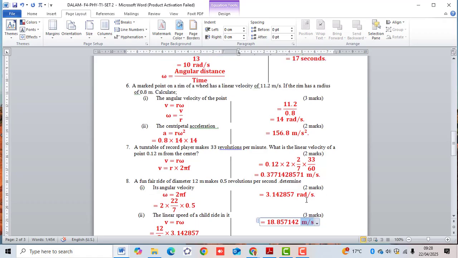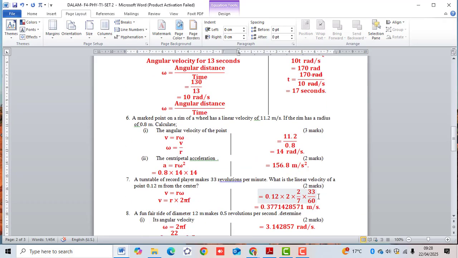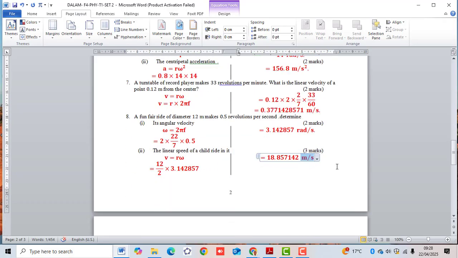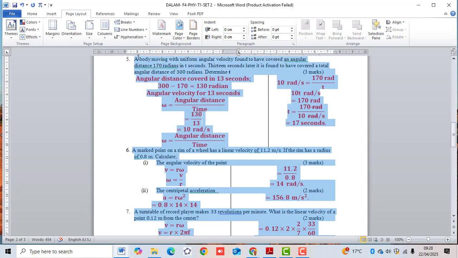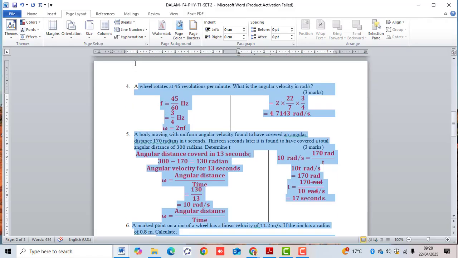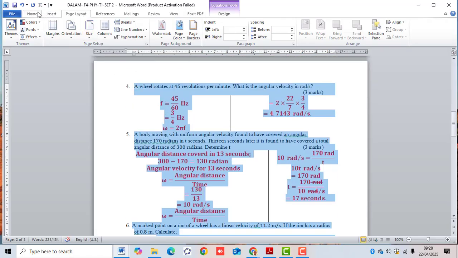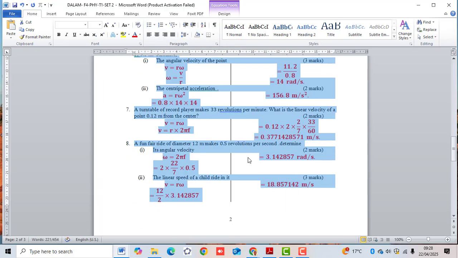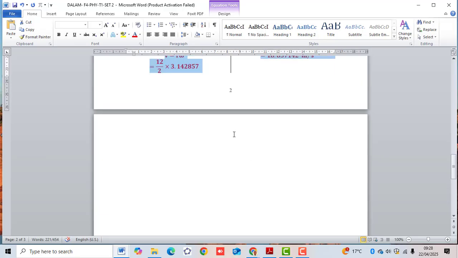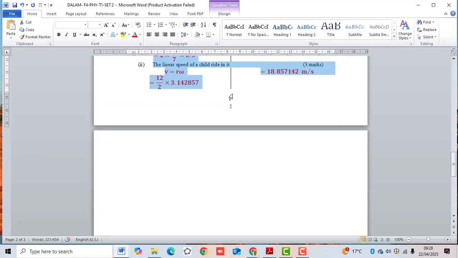At least the examiner can see how you organize your work very well.